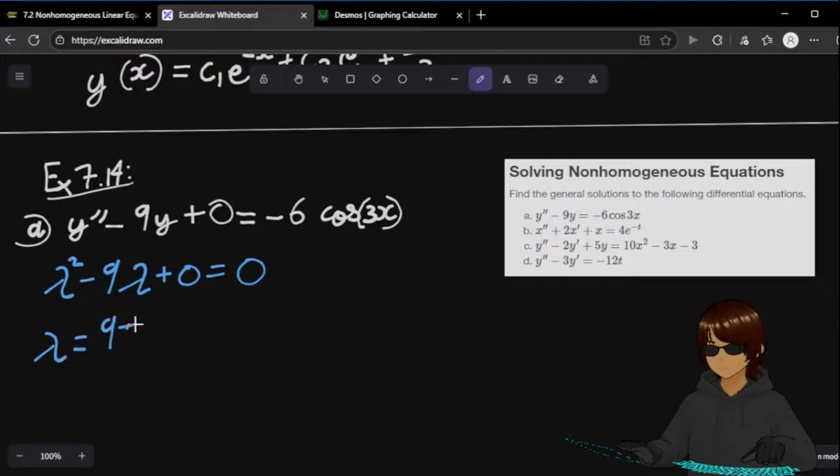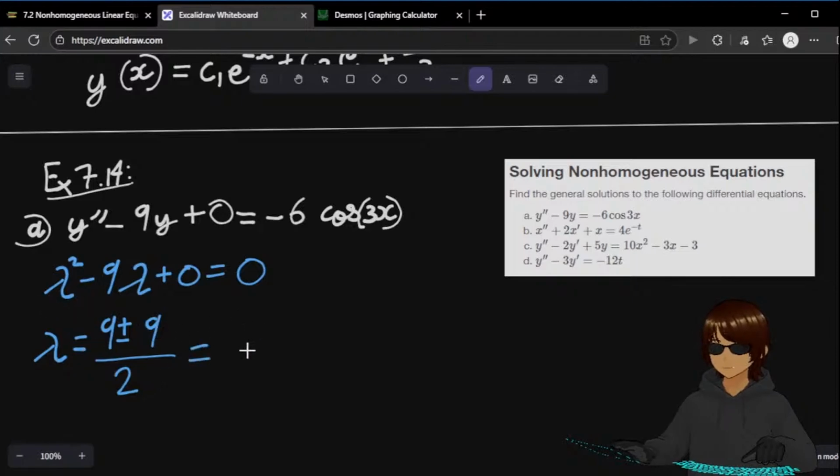Minus b plus or minus the square root of b squared minus 4ac, but these two cancel out, so I'm just left with 9, because there's no minus 4ac, over 2 times a.